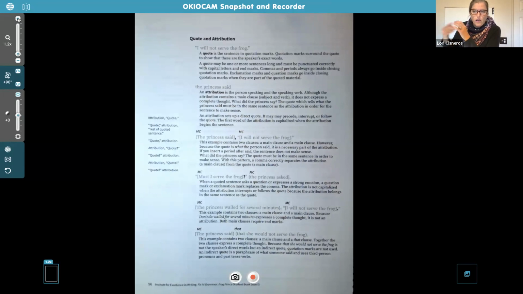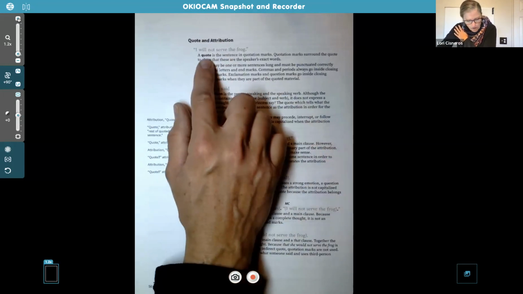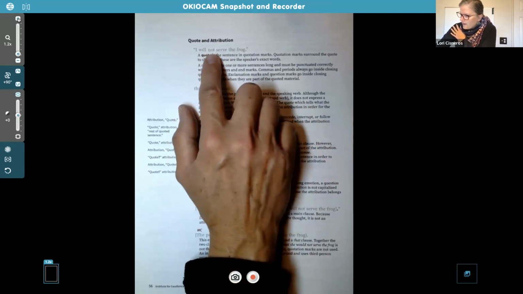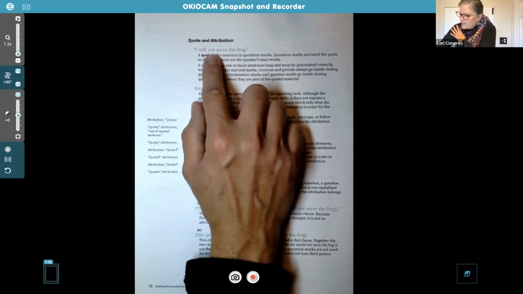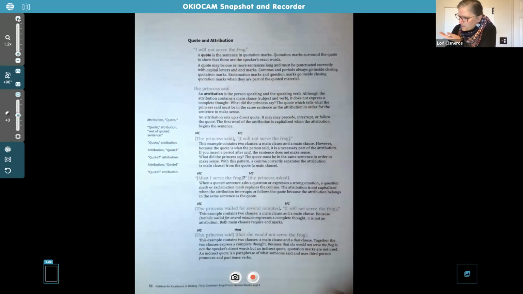If you're quoting an author, you're wanting to give a direct quote about some information you find in the books that you're researching. That's when you also use attribution and quotation marks. So look at this first one. I will not serve the frog is the quote. It's a quote in the sentence. Is the sentence in quotation marks?